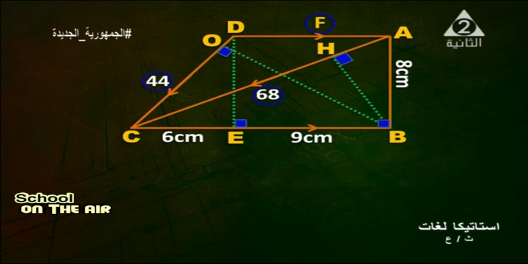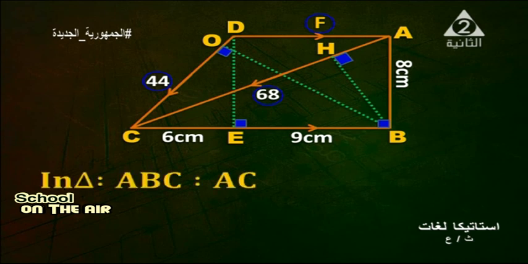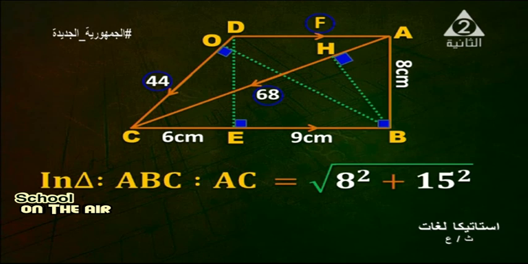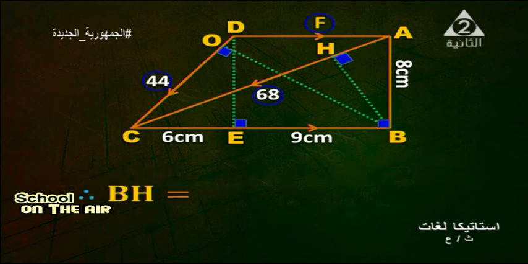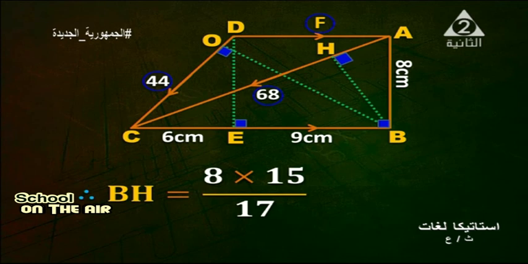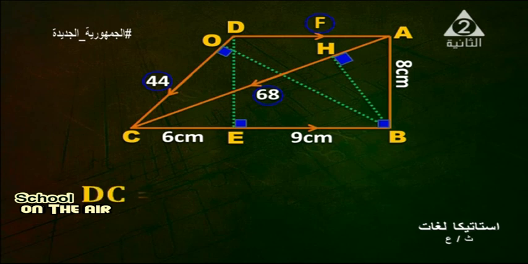Look, ABCD is a trapezoid in which the measure of angle B is right. Therefore, in triangle ABC, AC by using Pythagoras, 8 power 2 plus 15 power 2, equals 17. Therefore, by using the Euclidean theorem, 8 times 15 over 17 equals 120 over 17.